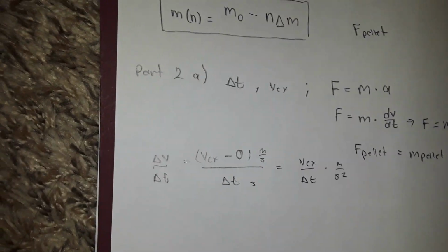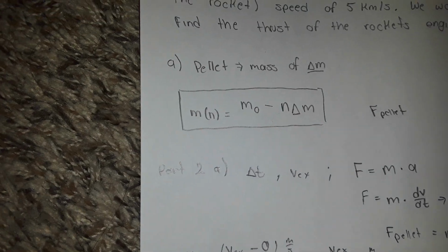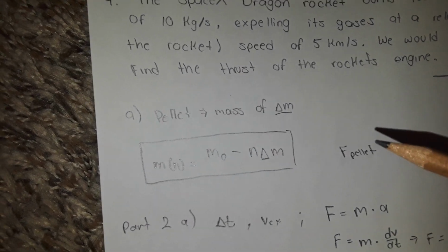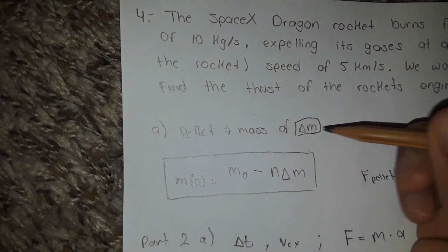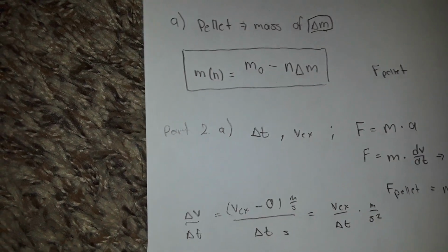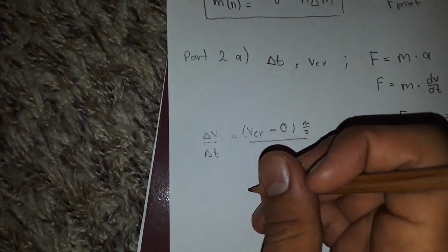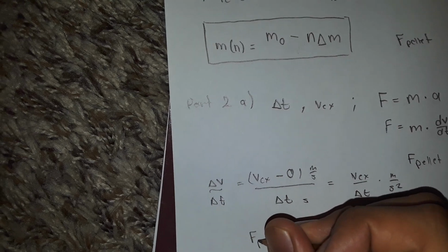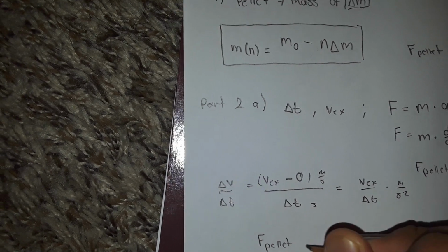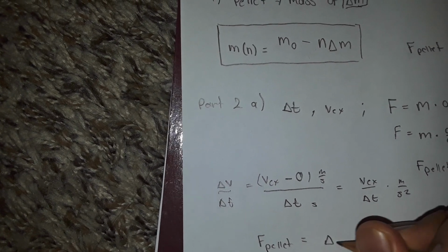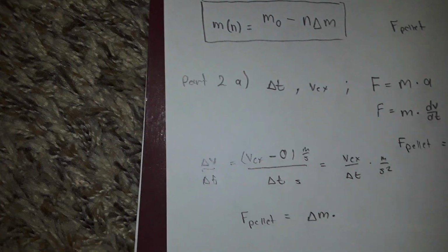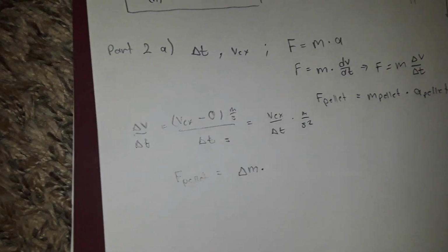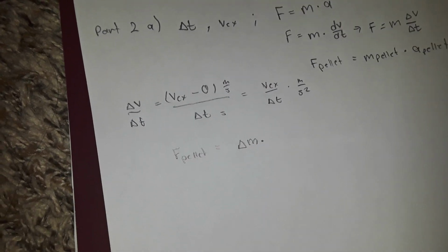Okay, now one more thing. We know that the mass of each pellet from the previous part is just equal to delta m. So in this case, the force of our pellet is just going to be delta m times the rate of change of the velocity, or the acceleration.